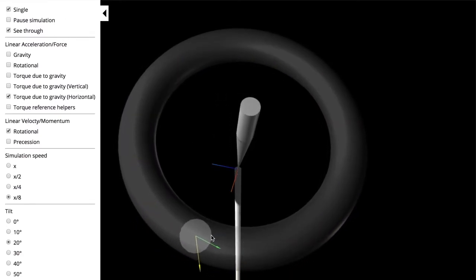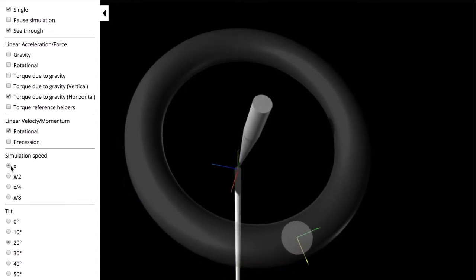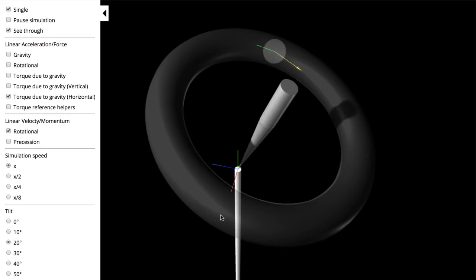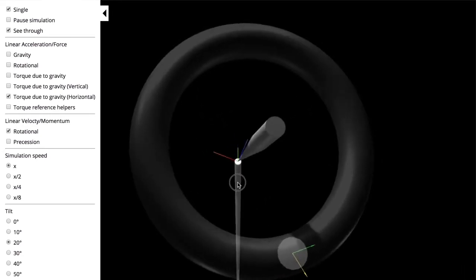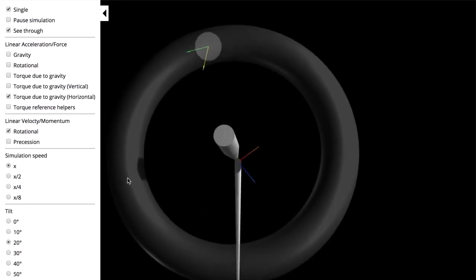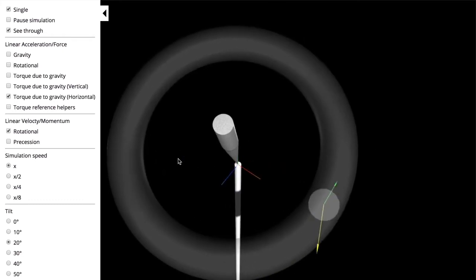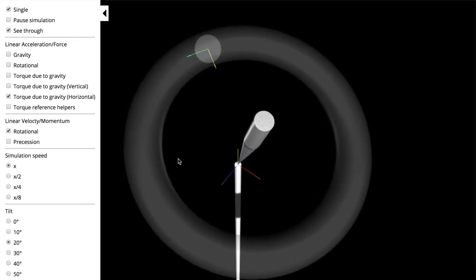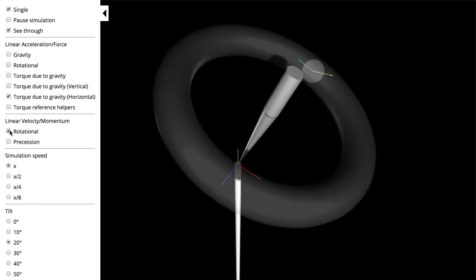The yellow vector represents the horizontal component of torque, while the green vector represents the rotational velocity. The horizontal component of torque revolves around the mass and doesn't persist towards one direction. Therefore, no velocity is generated in any direction.